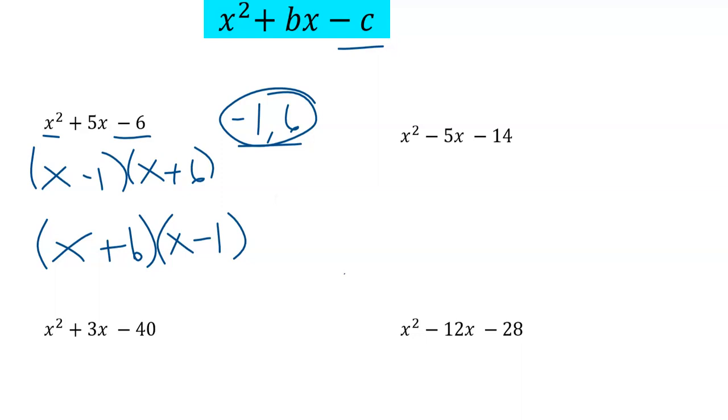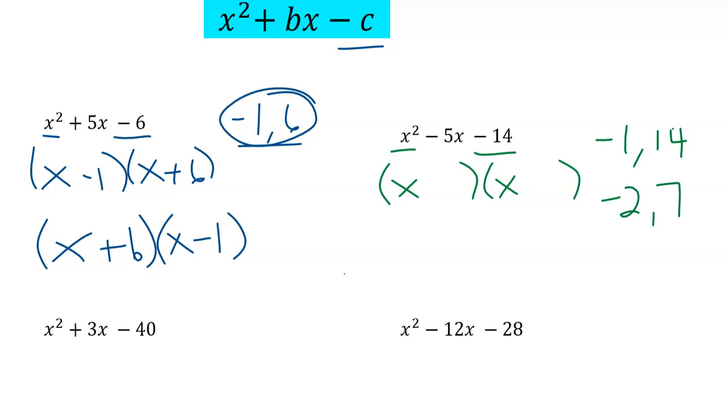Okay, the next one we have x squared minus 5x minus 14. So we draw our parentheses, started with an x squared, so x times x. Then we need numbers that multiply to give us -14. So usually I don't write out all the different methods like I did on that first one. I just write like -1 and 14, -2 and +7.